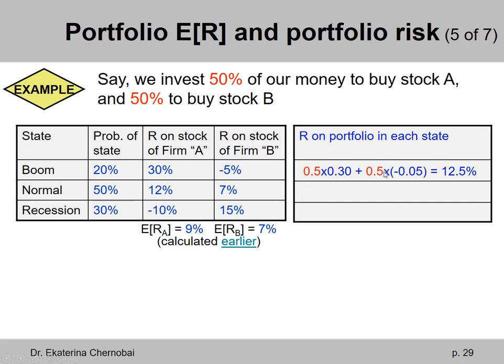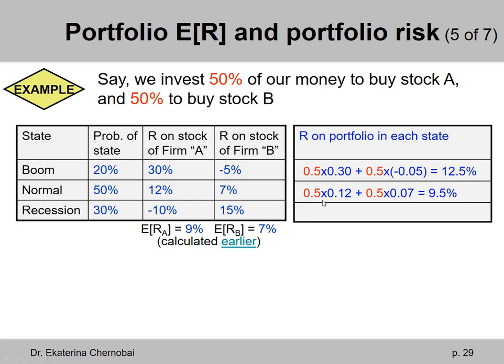The same way we can calculate the portfolio return in the normal state. So half of our money will increase by 12%, and half of our money, so by half I'm referring to the weights of A and B that are given in red, but half of our money is going to increase by 7%. So mathematically we have 0.5 times 0.12 plus 0.5 times 0.07 equals 9.5%, right?